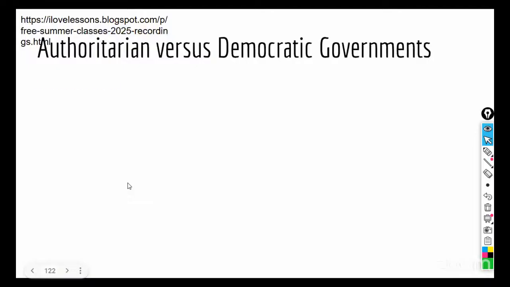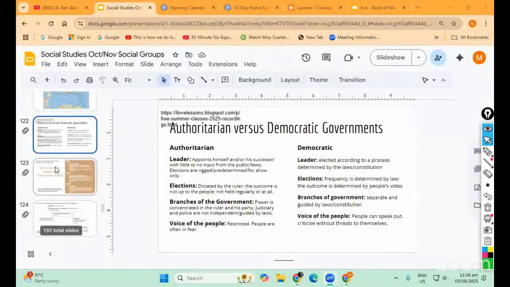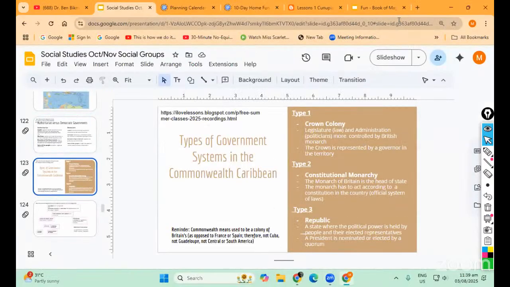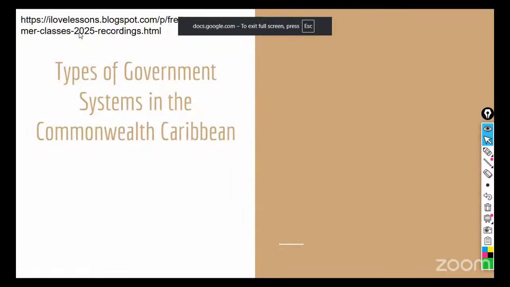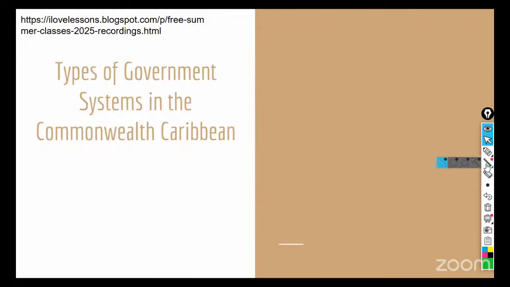And what do we call those territories? So actually, let's go to that first. We call those territories the Commonwealth, right? We say that they belong to the Commonwealth. So this is what we're going to discuss first: types of government systems in the Commonwealth Caribbean.